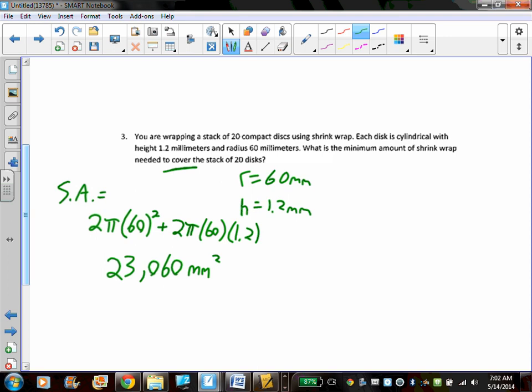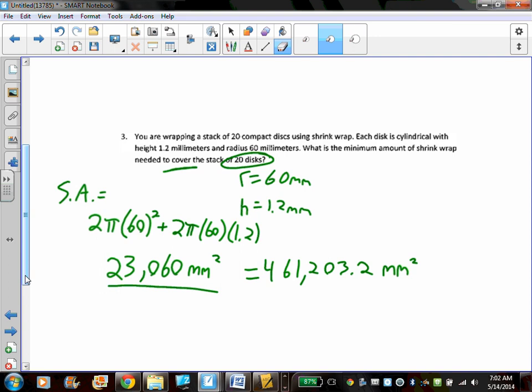Now this is the area of one disk, but we need 20 disks wrapped. So all we have to do now is multiply this answer by 20, and we find out that it would take 461,203.2 millimeters squared of wrap to cover those CDs.